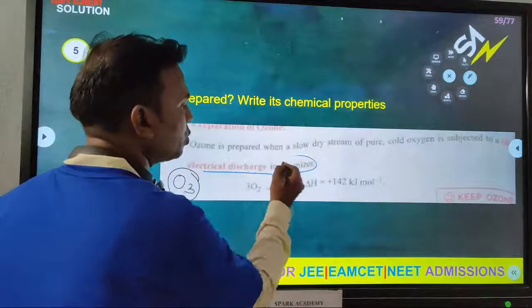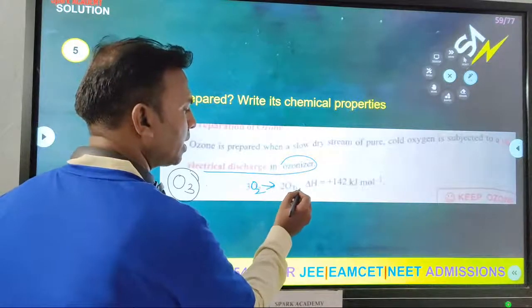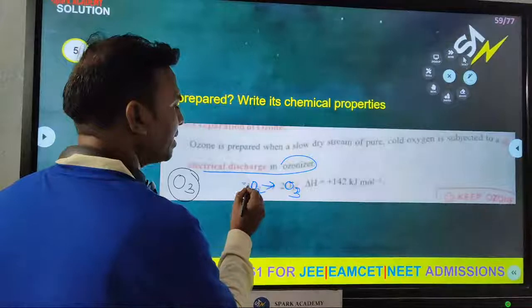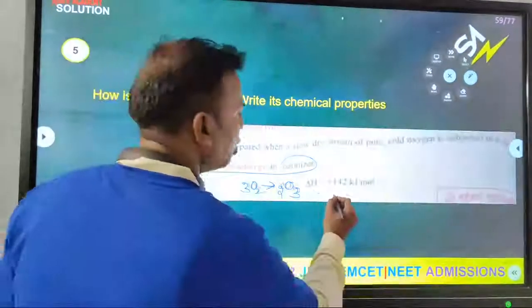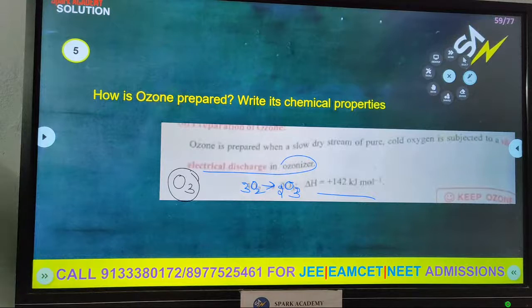That is called ozonizer. In that O2 gives O3. Here 3, here 2. The heat of reaction is positive. So this reaction is an endothermic reaction.